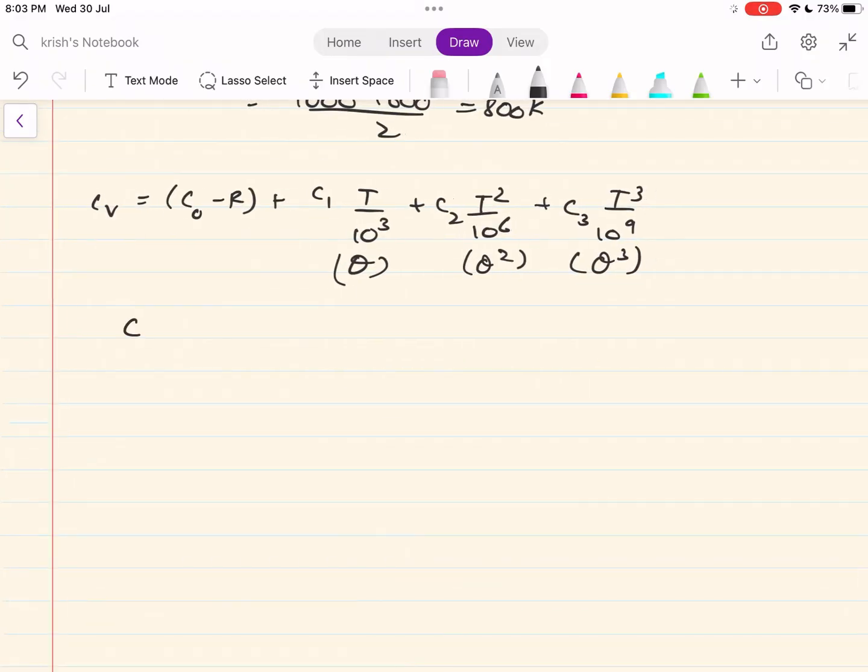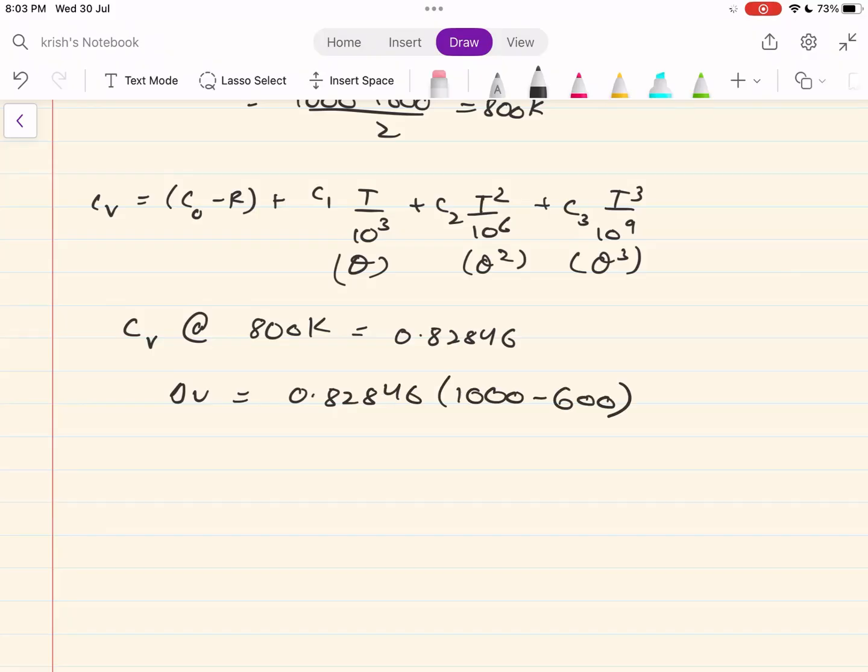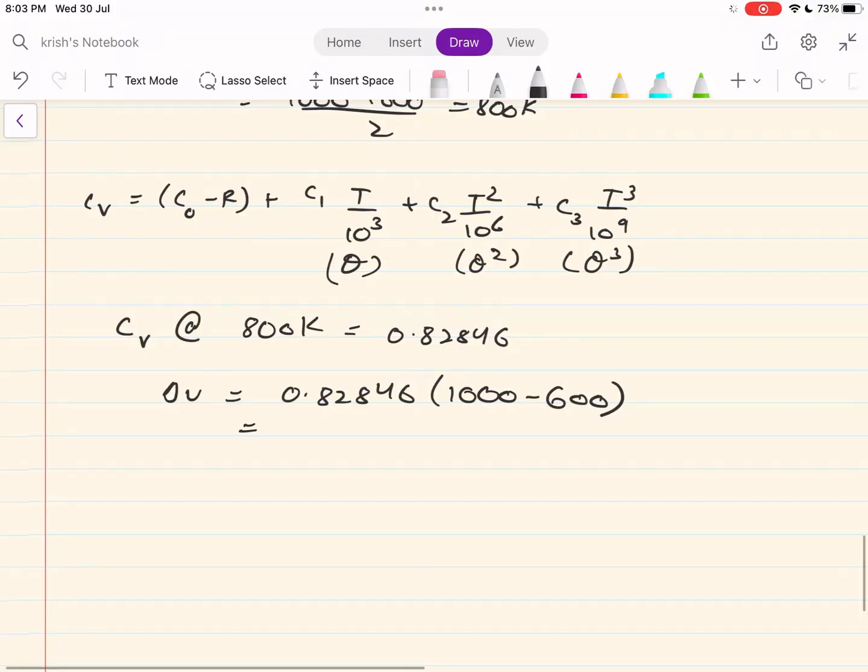Cv value at 800 Kelvin will come out to be 0.82846, and delta U will come out to be 0.82846 into 1000 minus 600. So this should come out to be, let me calculate it for you, 331.384 kilojoule per kilogram Kelvin. Always write the right units because otherwise they will cut marks.